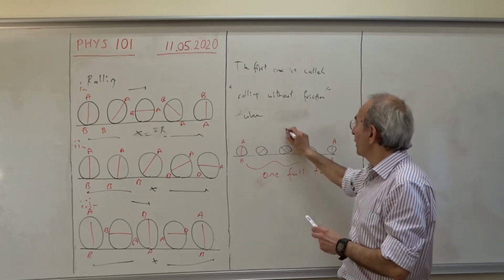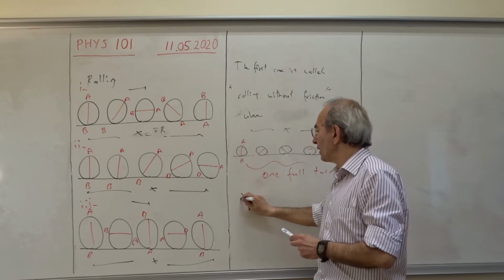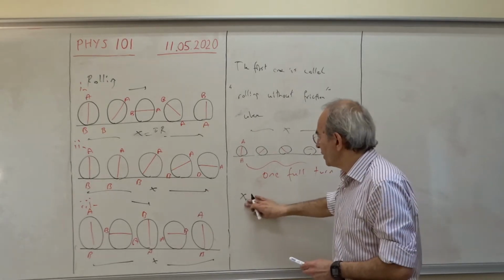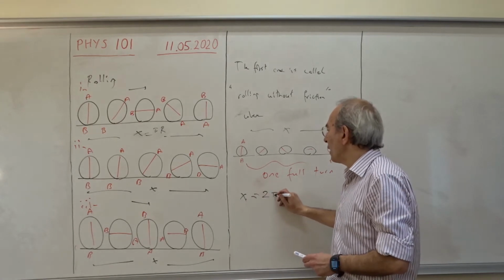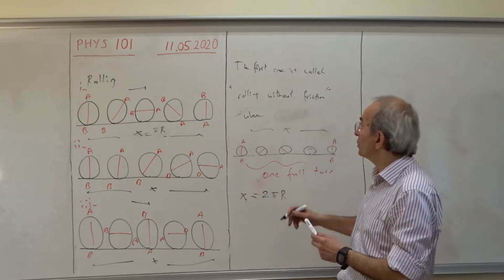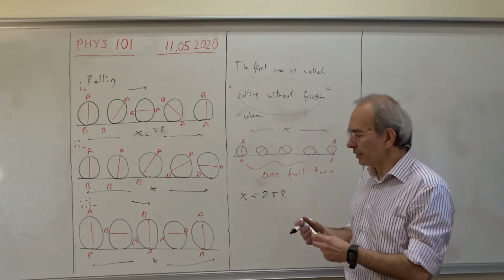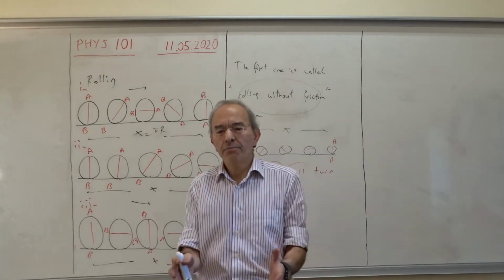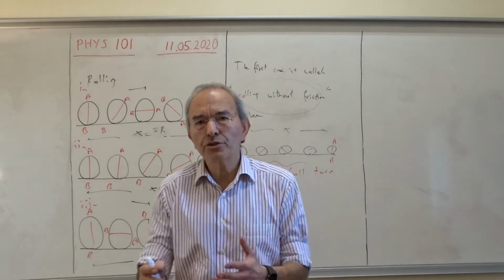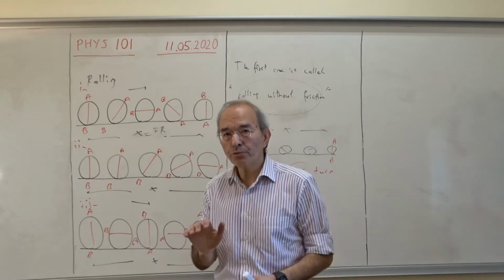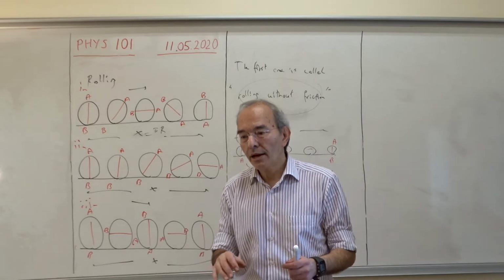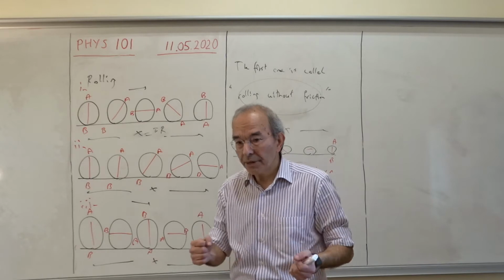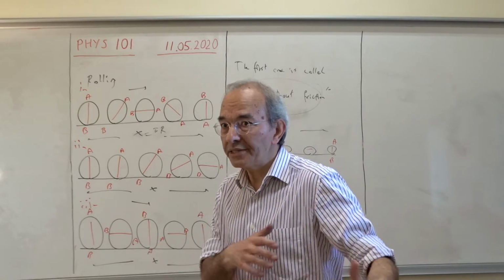And on the other hand, the distance covered is x, that the center of mass covers. If x is equal to 2 pi r, then it is called rolling without friction. But, for example, sometimes you try to drive on a muddy surface or on an icy road. In those cases, you push on the accelerator pedal. However, the wheels are turning, maybe too fast, sliding, but the car is not going as required.